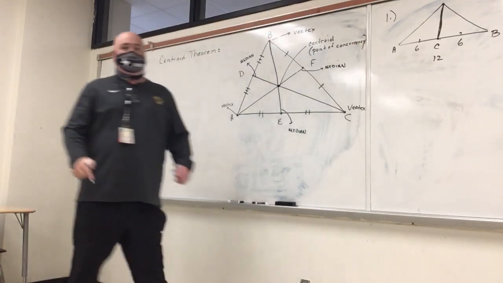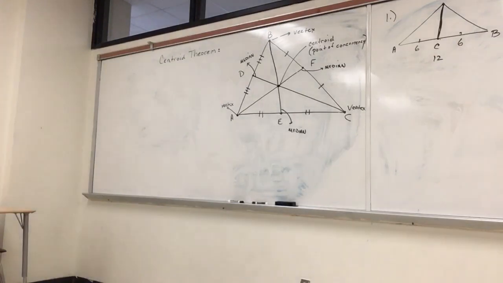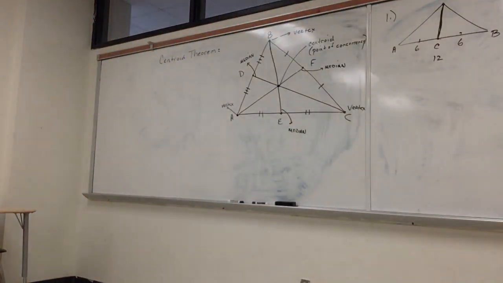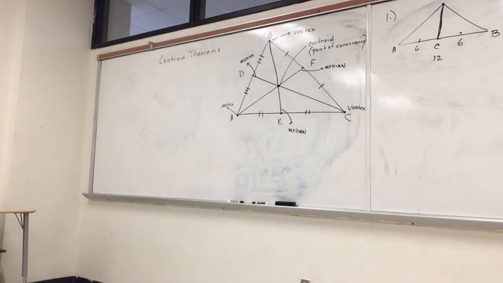Point of concurrency. Let me explain what the point of concurrency is, because mathematically it's boring, but in nature it's not boring. The point of concurrency, or the centroid in objects, is the perfect balanced point.